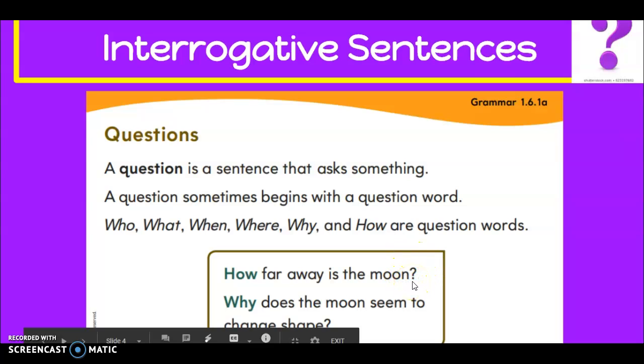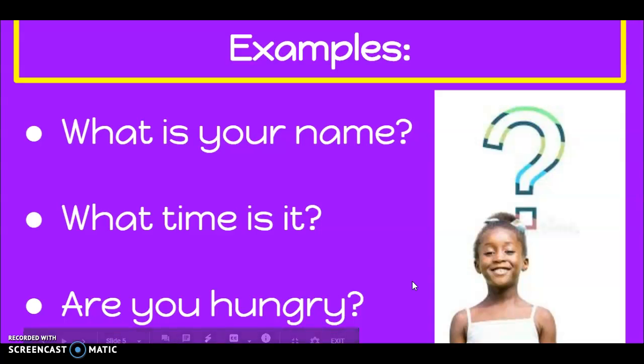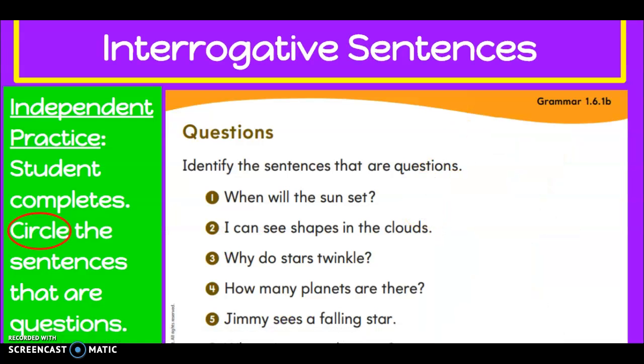That question mark right there. We looked at some examples of questions that began with question words and ended with question marks. Then for your assignment, you circled all of the sentences that were questions, that are asking something and end with a question mark. Then you're going to save your assignment and turn it in to your teacher.